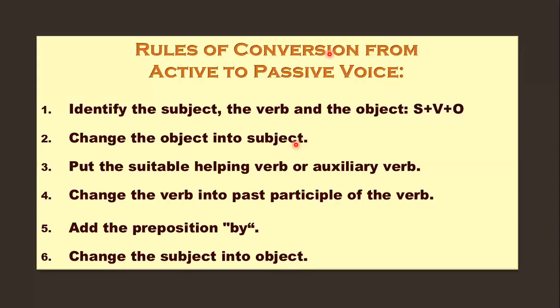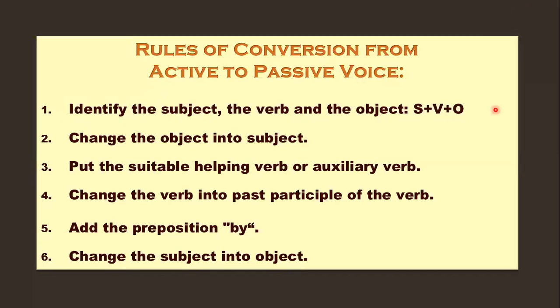Now the rules of conversion from active to passive voice. If you have a notebook with you right now or any rough copy, please write down these rules because they are very, very, very important. So first thing that you need to understand is, when you are changing an active voice to a passive voice, number one, identify the subject, the verb, and the object.